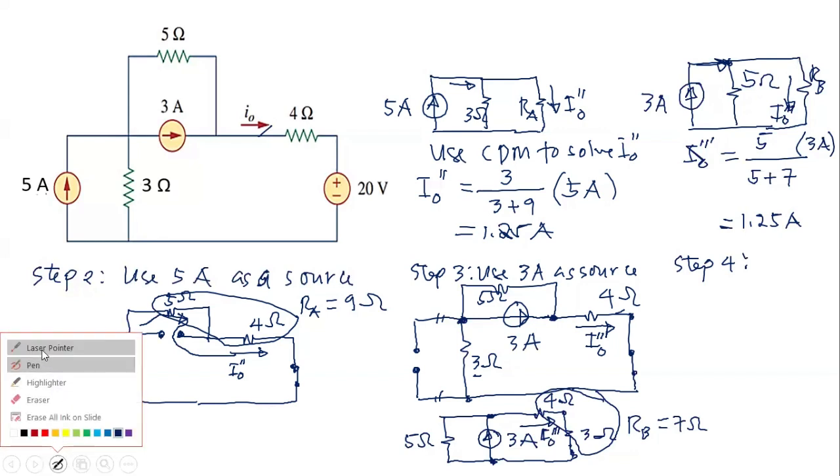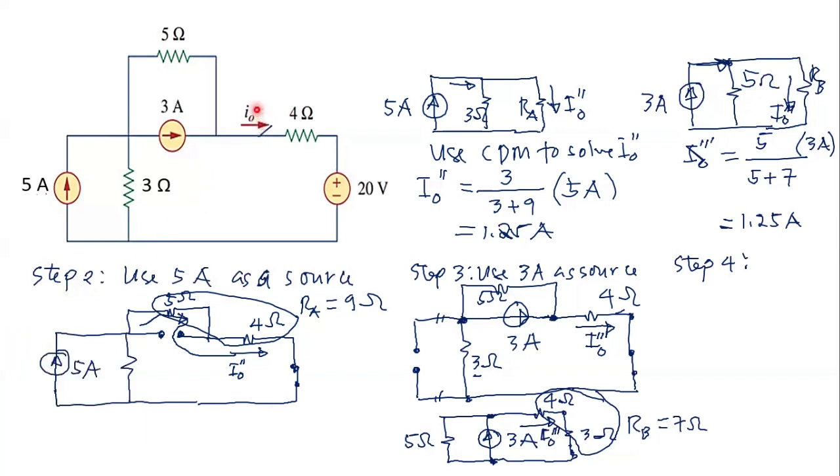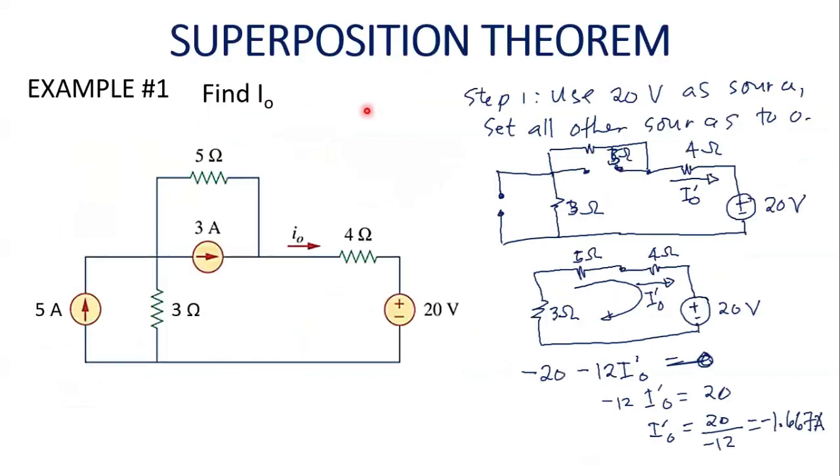What is the total value or the actual value of IO when the 3 sources are connected to the circuit? So what we will do here is we have to just add them algebraically, and we will observe the direction of IO when the source is acting independently. So let's have here at step 1.